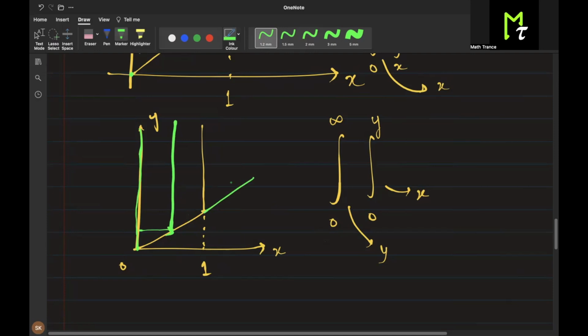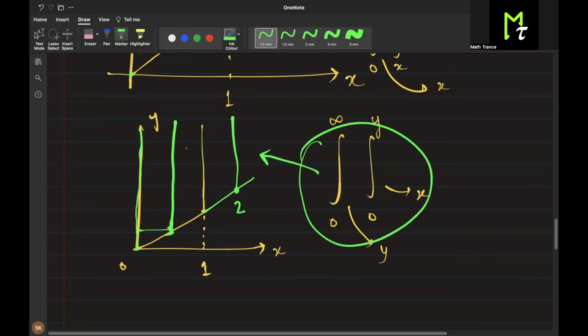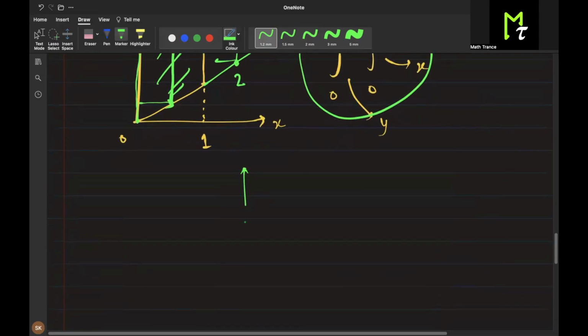But what if we take y greater than 1, say 2? Even for 2, this integral, whatever we are trying to evaluate here, will go outside this range. It will also cover up this range, which is actually wrong, because our probability space should only consist of these values.